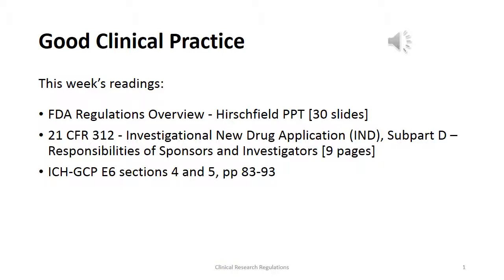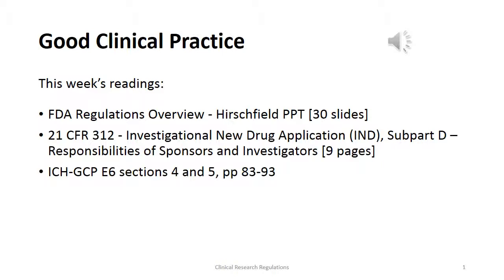ICH, on the other hand, is the International Conference on Harmonization. It's made up of a consortium of regulatory authorities in 3 different regions: the United States, Europe, and Japan. Most of the countries in the world now follow ICH guidelines as far as how they conduct and regulate clinical trials.